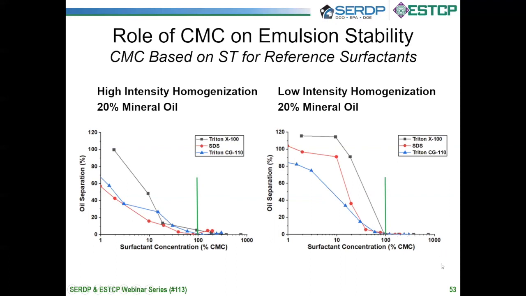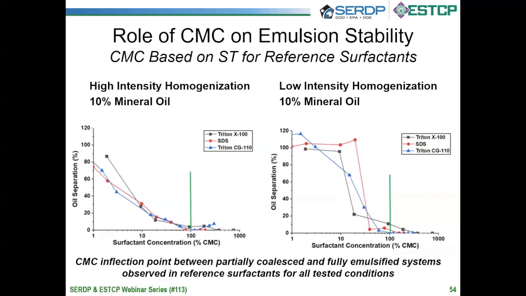So this is an indication to us that CMC might be a good indicator of whether or not a system would become emulsified, or at least the concentration of surfactant or cleaner that might be required in order for the system to become emulsified. So looking at 10% mineral oil, we see that same inflection point between partially coalesced and fully emulsified systems.